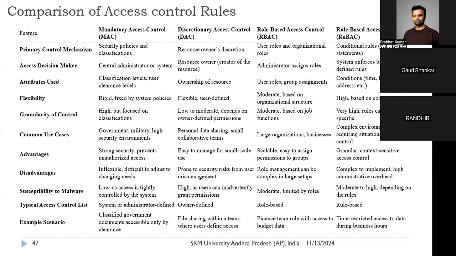The attribute is there, but in the attribute a condition is also framed, and if the condition matches, then the role will get access, otherwise the role will not get access. So this combination of role based, attribute based, and rule based is known as a hybrid approach. So three different types of scenario can be created for a hybrid approach of access control.